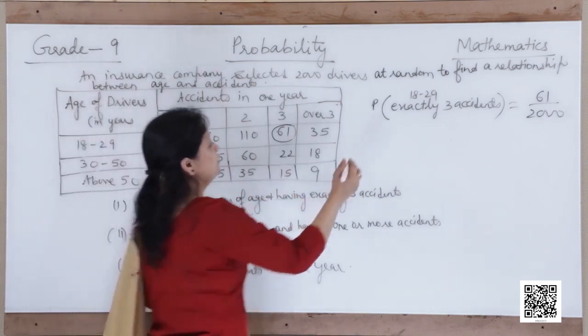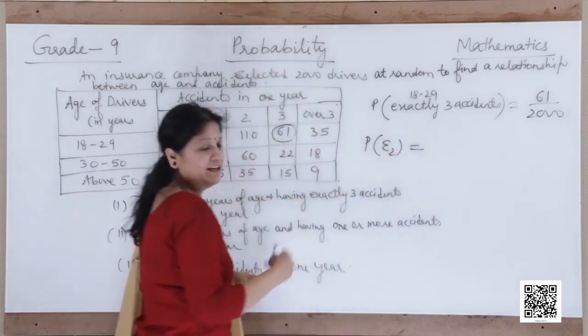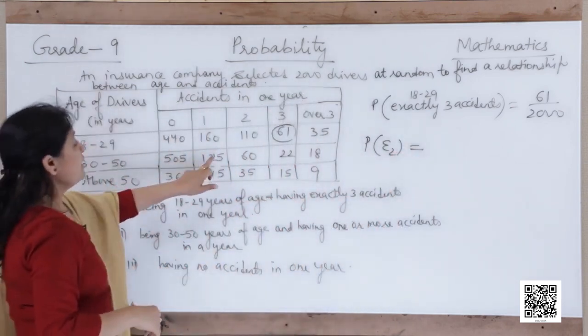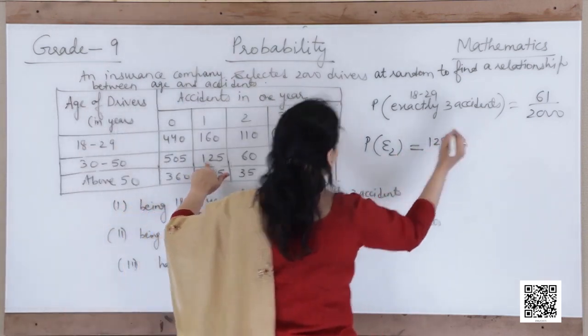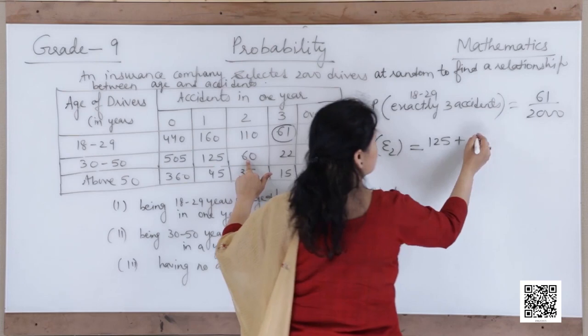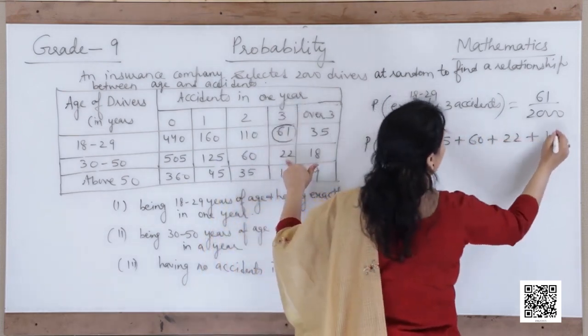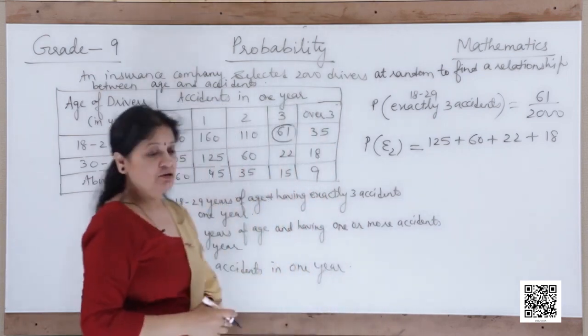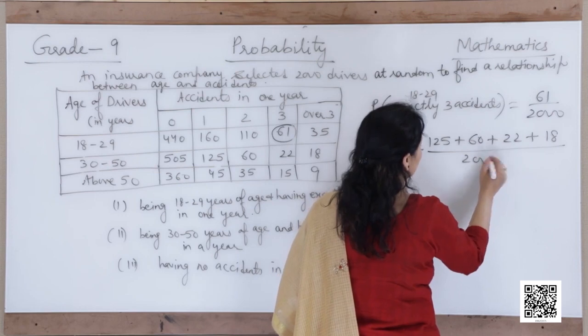So that means probability for the second part, let us take it as E2, second event. It is 1 or more, so that means 1 accident, 125, 2 accidents, 60, 3 accidents, 22 and more than 3 is 18. So that means we have total upon the total outcomes is 2000.